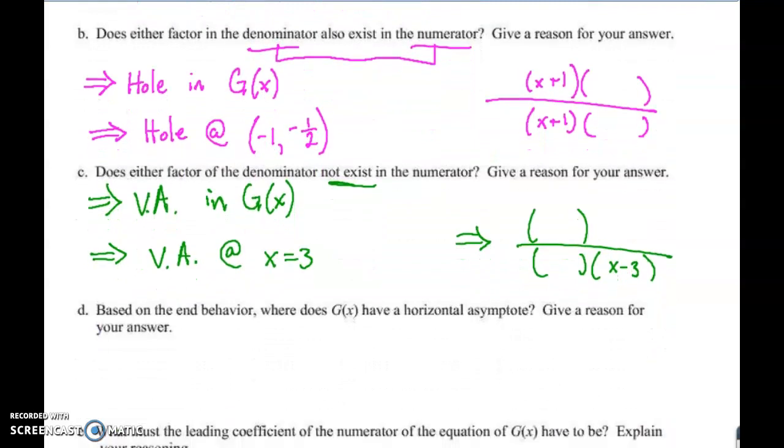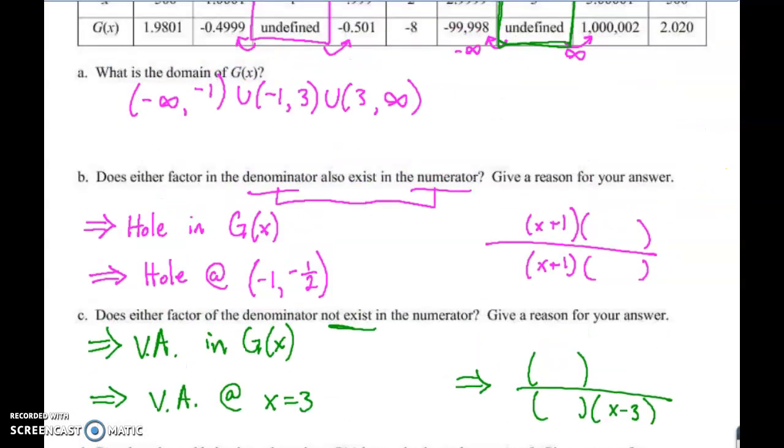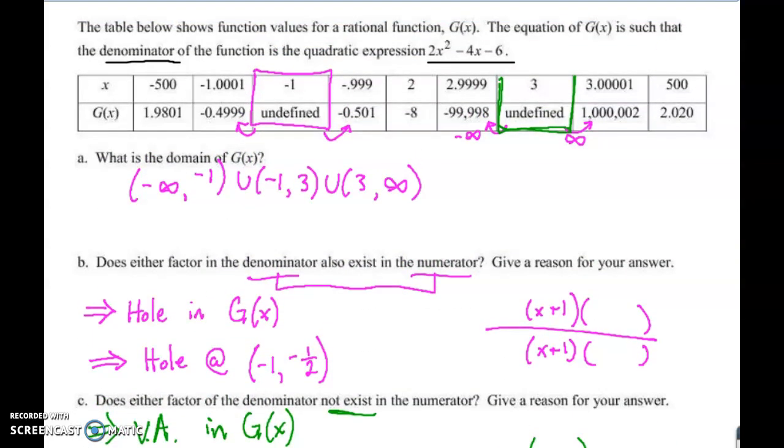Okay, is there a horizontal asymptote? Well, as you look at the end behavior, go back up, let me change colors again. It looks like we're getting closer and closer underneath the horizontal asymptote. This one's above the horizontal asymptote, but notice the y values are about the same.